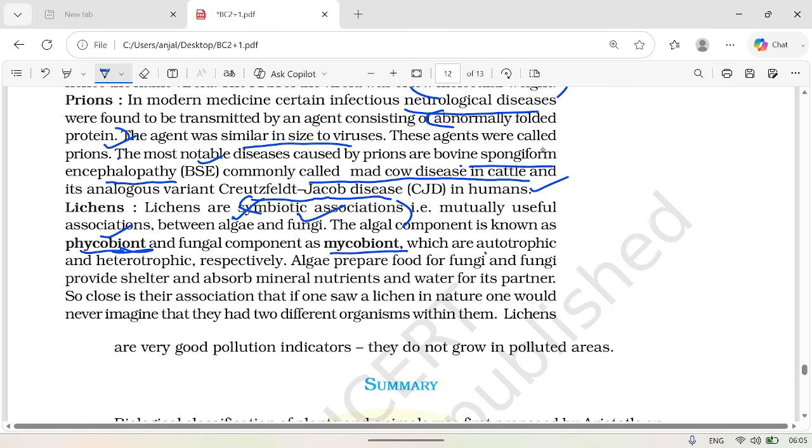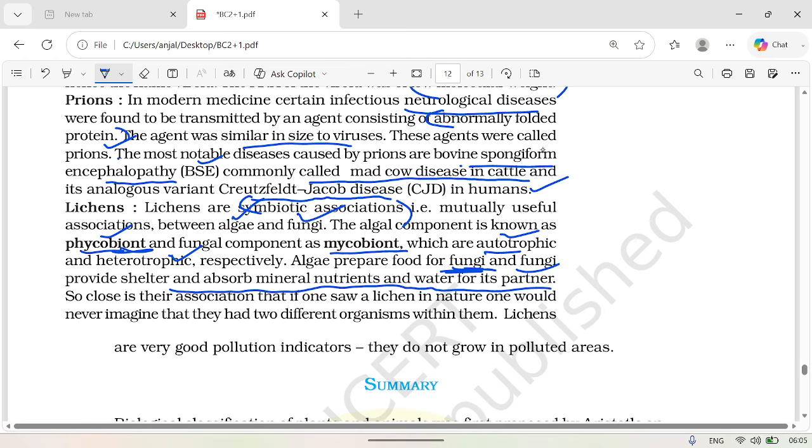These are autotrophic and heterotrophic respectively, as we know. Algae prepare food for the fungi. Why? Fungi are heterotrophic and algae are autotrophic. Fungi provide shelter and absorb mineral nutrients and water for their partner.